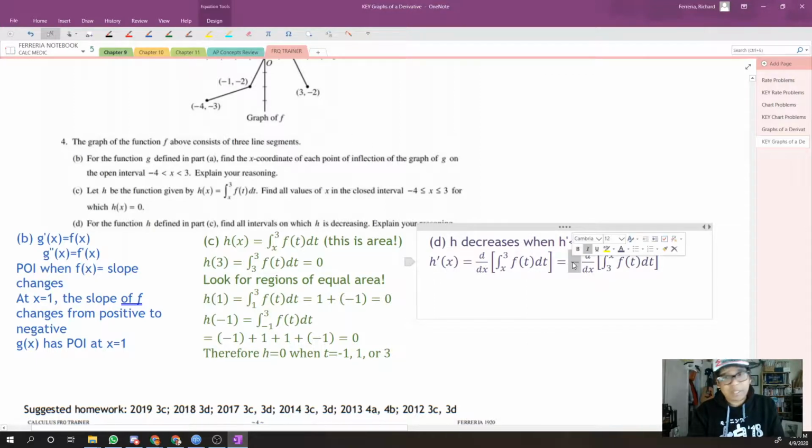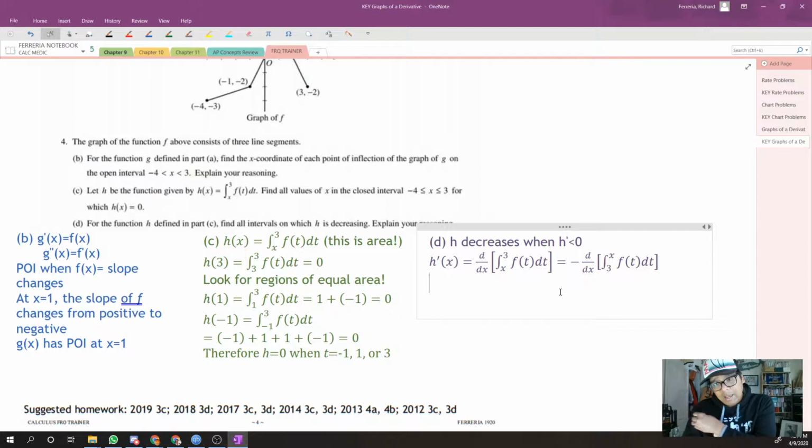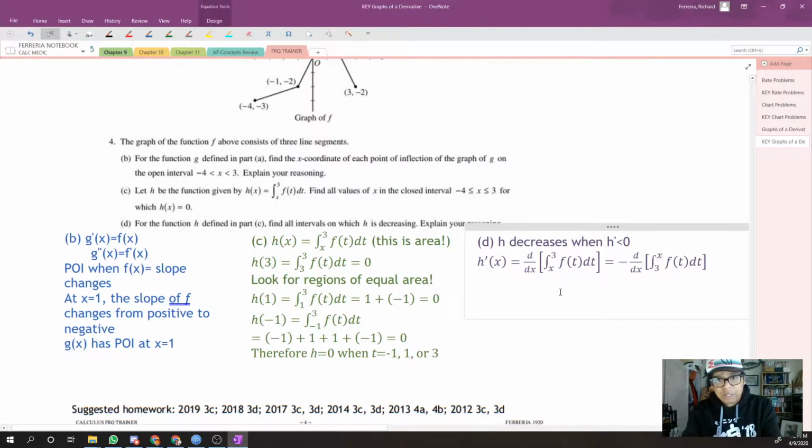There's my negative sign. And that's going to make it so I can take the derivative really easily, because the derivative of an integral with a constant lower bound and a variable upper bound is just the integrand. So the derivative of the integral is just negative f of x.